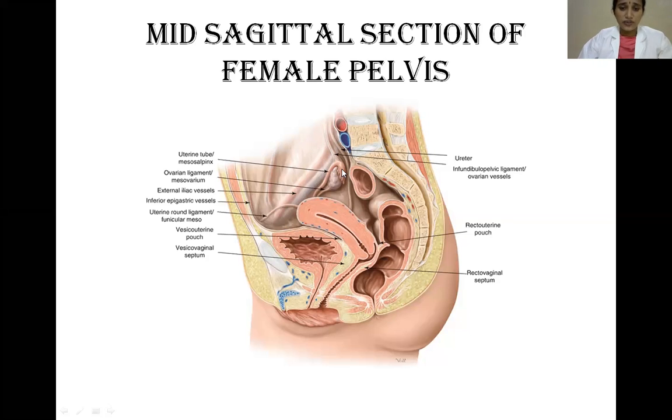That's why it is important. Next, behind it, this is the ureter, which goes and opens into the urinary bladder. Here you can see the rectum and anal canal.